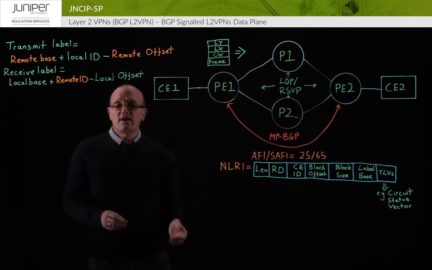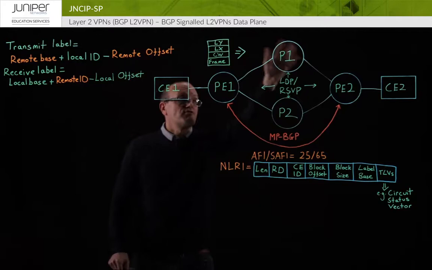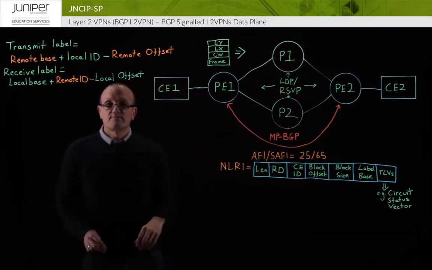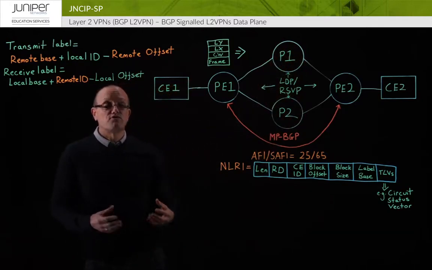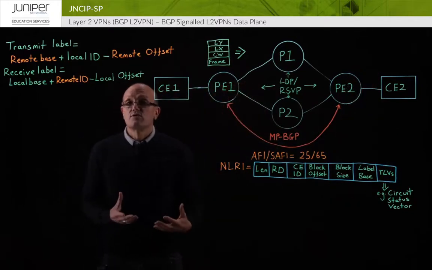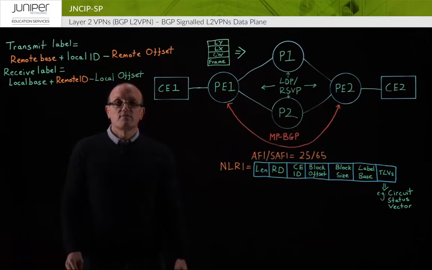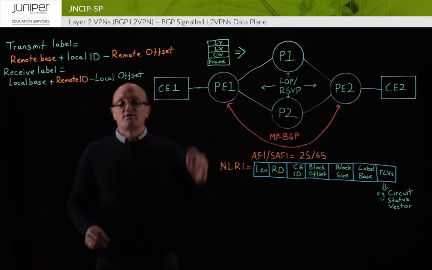If traffic was misidentified and it was sprayed across multiple parallel links, then this could lead to reordering on the egress PE. And obviously this can cause issues with certain types of traffic flows. So that's the control word.